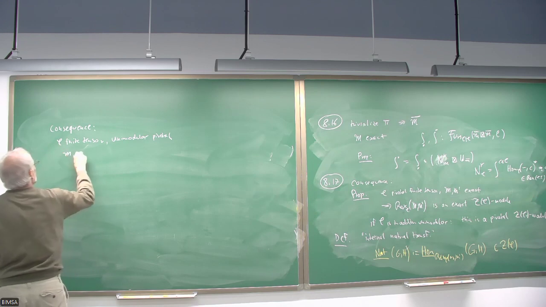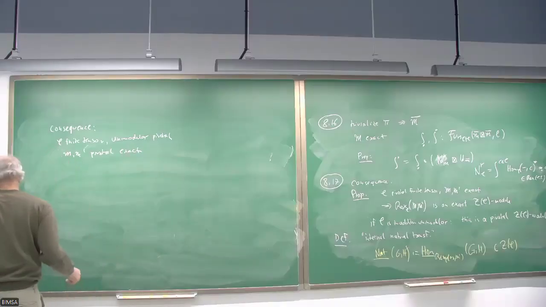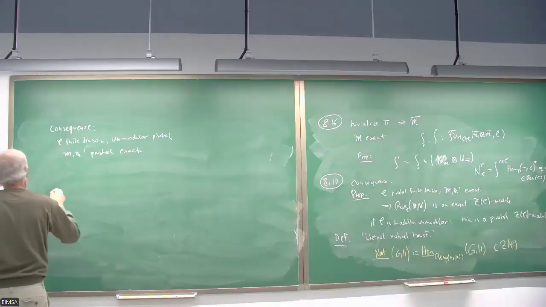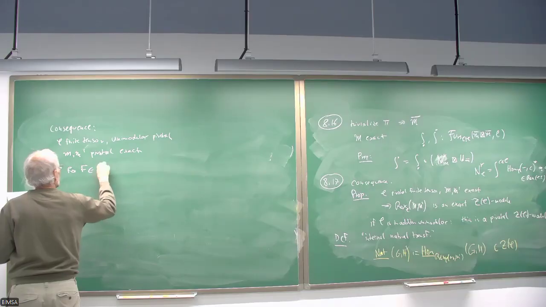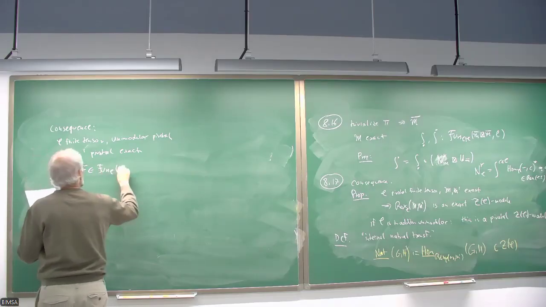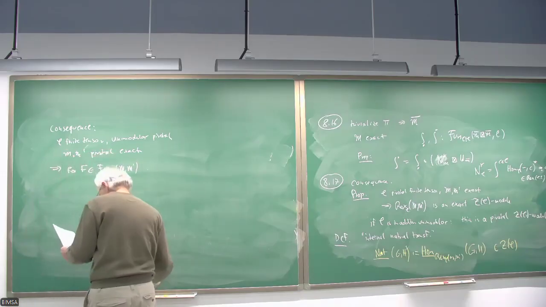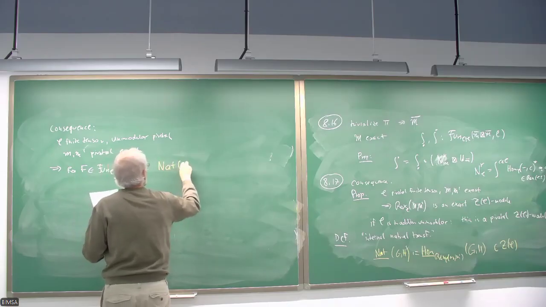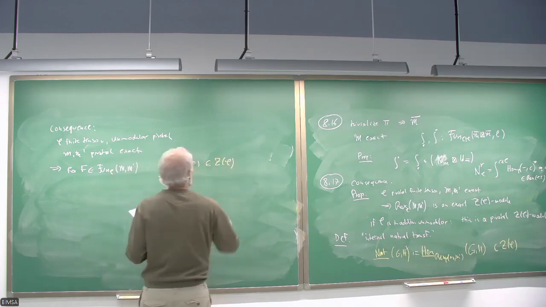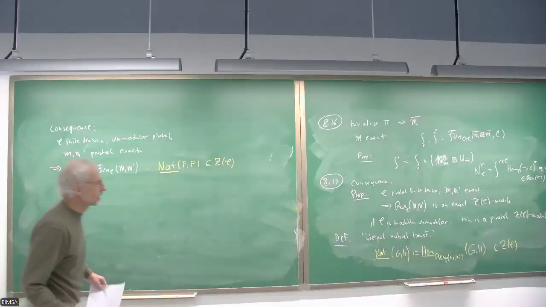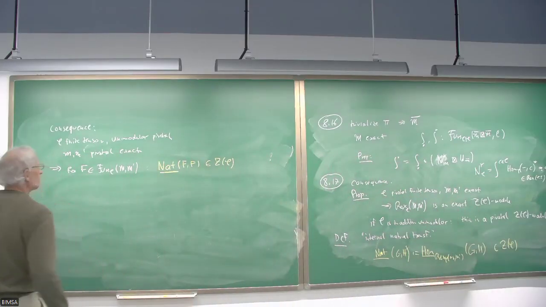And M and N prime are also pivotal C modules, then for any module functor, module endofunctor, M to N prime, we have an algebra where we can look at these internal natural transformations which are in the Greenfield center because they are an internal end.